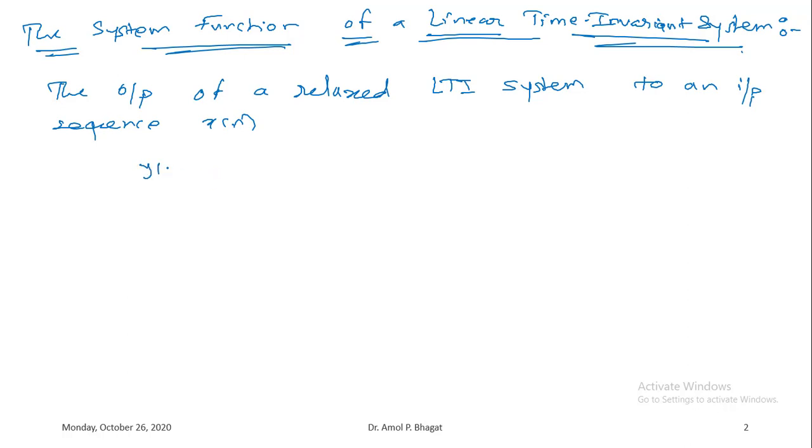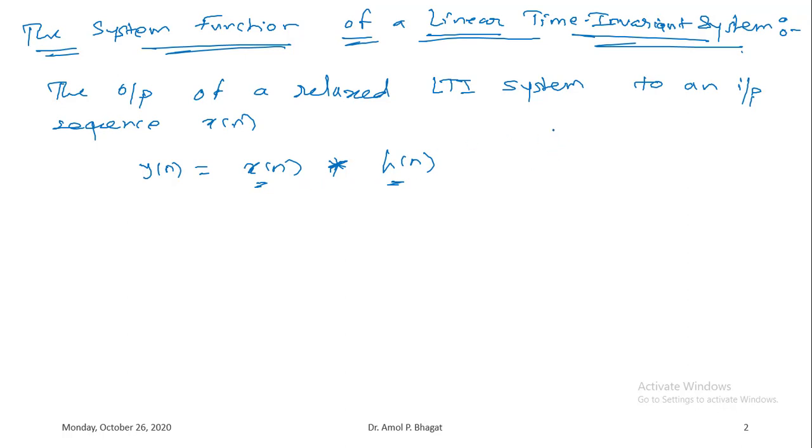So this can be given as y of n is equal to x of n convolved with h of n, right? This is nothing but the convolution of x of n with the impulse response h of n, or unit sample response h of n.